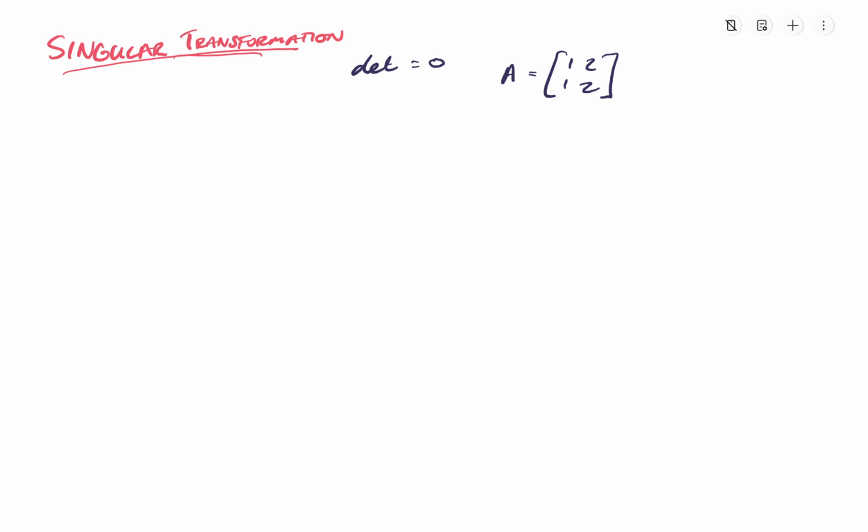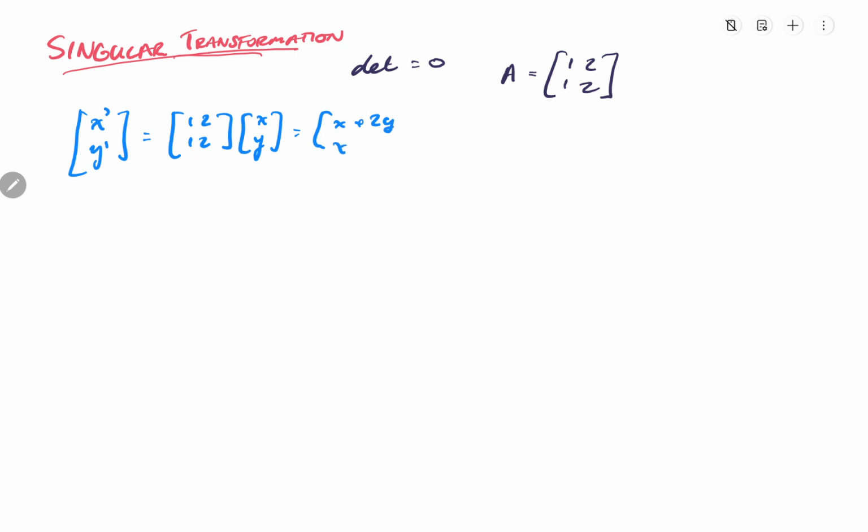So let's say we have our input, and let's look for a generic output here. It's going to be equal to this matrix times x and y. So first times first gives us x plus 2y, and then we have x plus 2y.